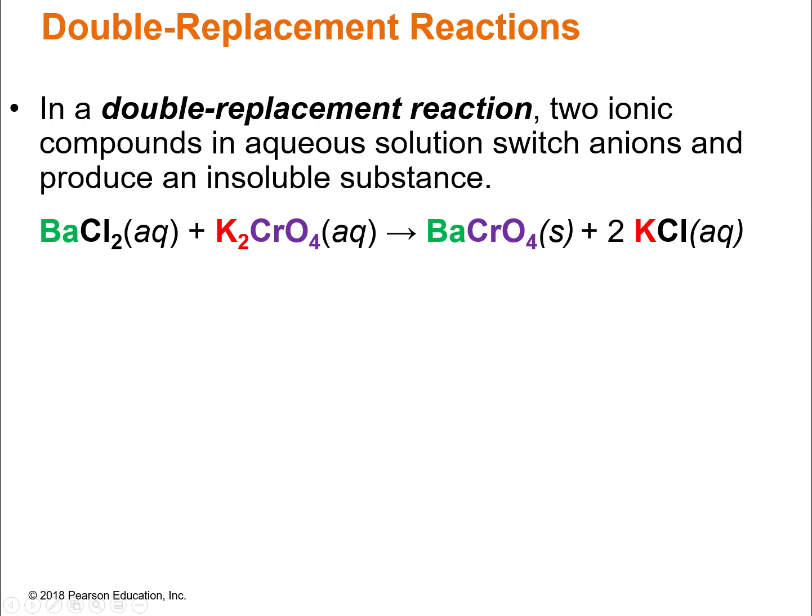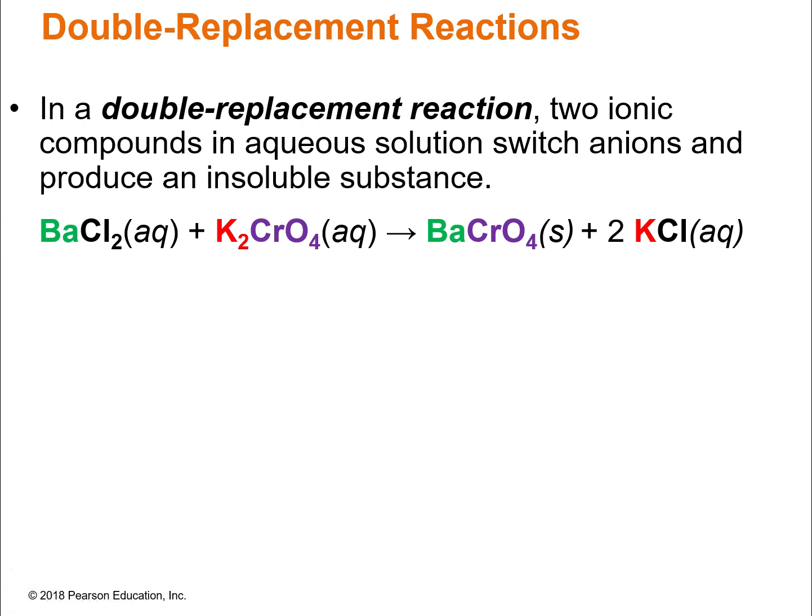Double replacement reactions. You can probably guess what happens here. You've got two things switching, but you also make an insoluble substance. So here, what we see, let me switch back to my black.